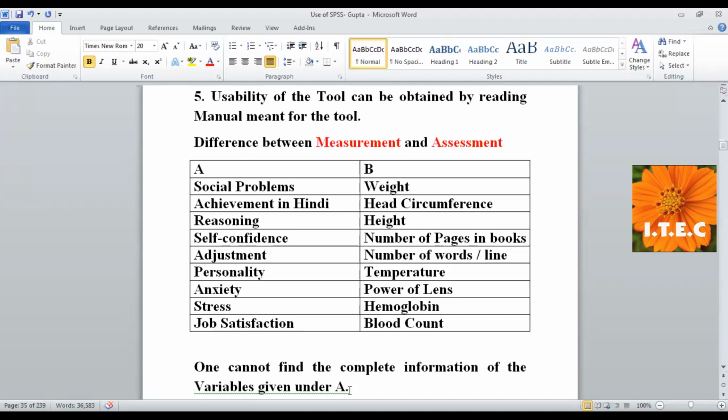So one cannot find out the complete information given under A. So it is called assessment.